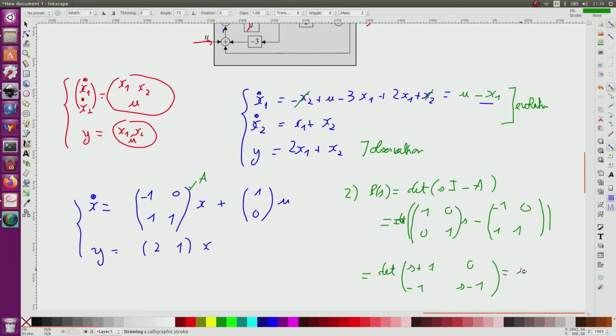This is equal to s plus 1 times s minus 1.